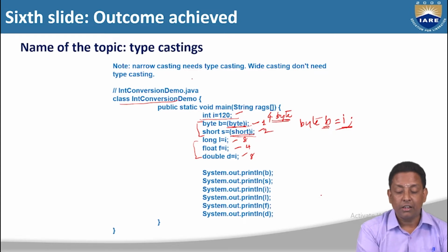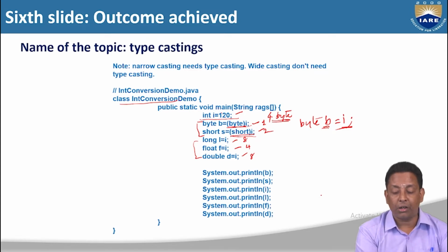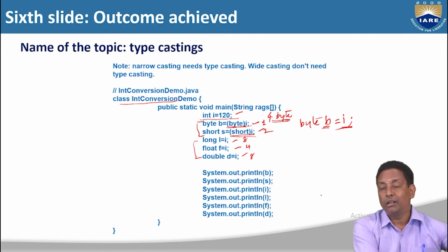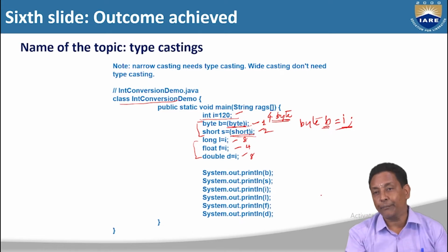Narrow casting means if I assign a 4 byte value to a 1 byte or 2 byte data type like byte or short, you need typecasting. Wide casting means a 4 byte integer value we are assigning to long, an 8 byte data type. So it's a wide casting. A narrow value we are assigning to a bigger value, so you don't need typecasting.